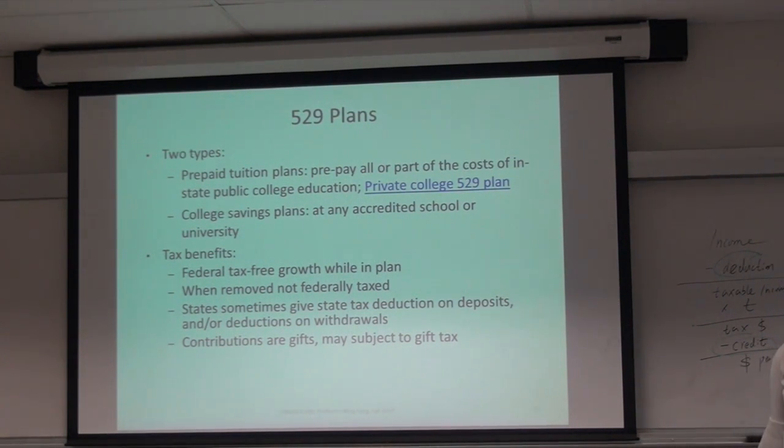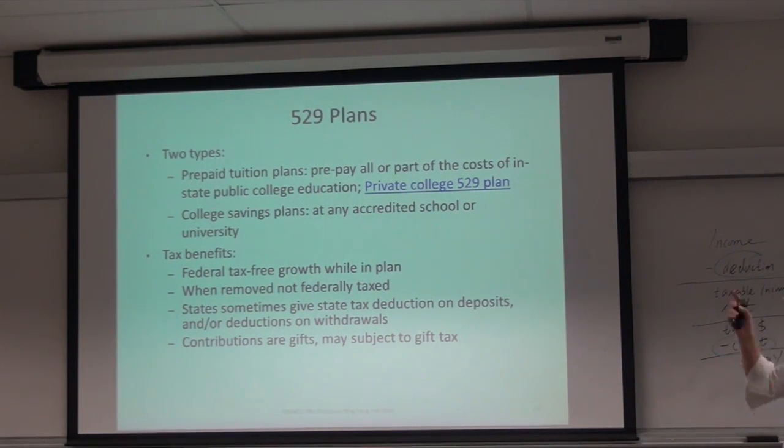So prepaid plans. With the 529 plan, if you save into an account, can you deduct it from your income? No. Deduction depends on the state. It's going to grow tax free, and when you make the distribution to pay the qualified expenses, it's tax free. But it's better, let me explain how.